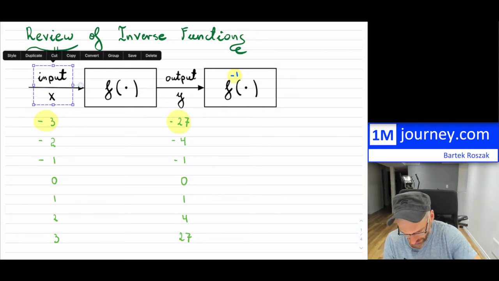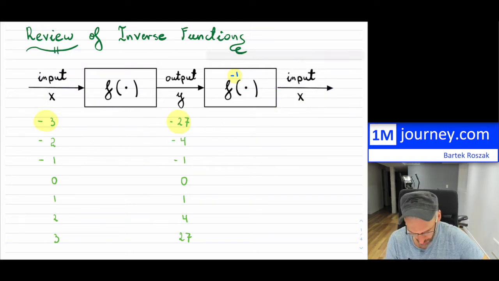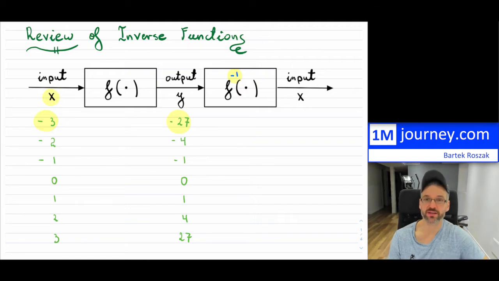Really what we want is to get our input back. I'm going to duplicate this and put it back here, so you notice the input comes in, something happens to it, let's say we pass it through the web, then we have an inverse function decoding it, and we get our input back so that we know exactly what it was. So this would have been a -3.